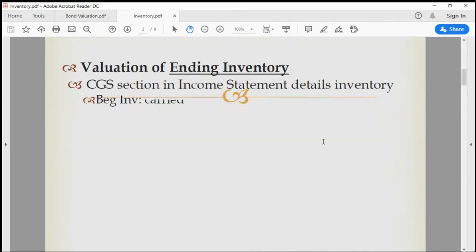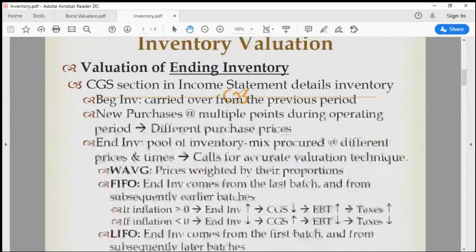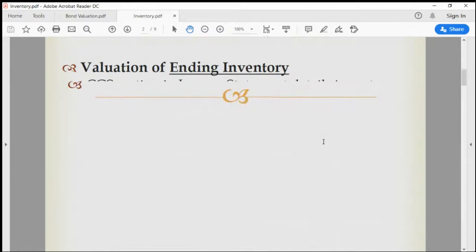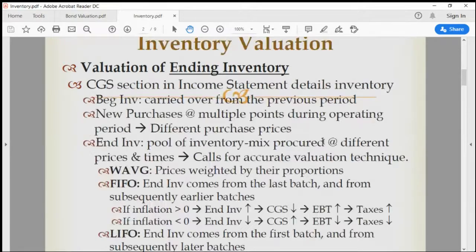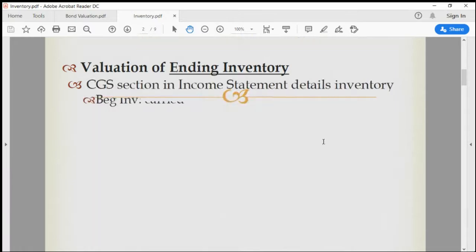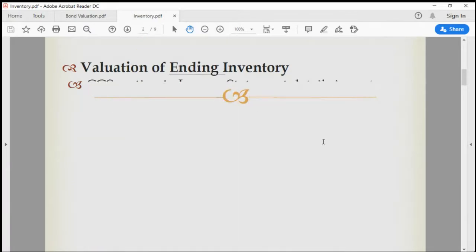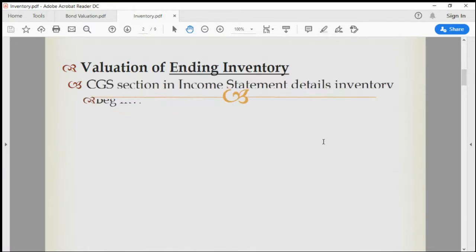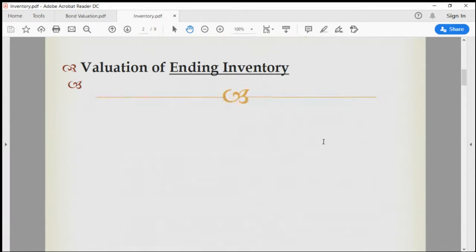It doesn't happen just at once. Net purchase can happen multiple times at different points during the operating period. And the purchase price of the items would be all different depending on at what point you are, right?